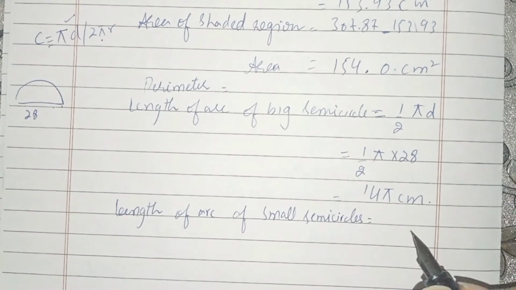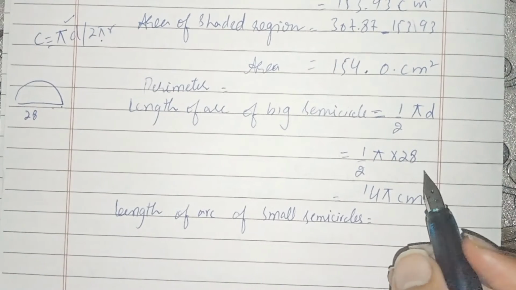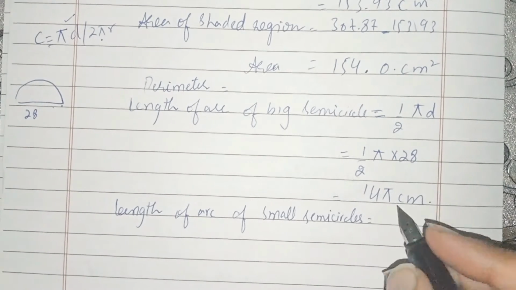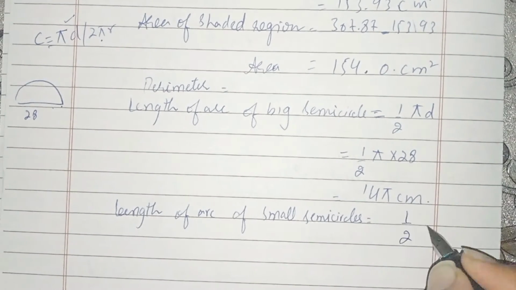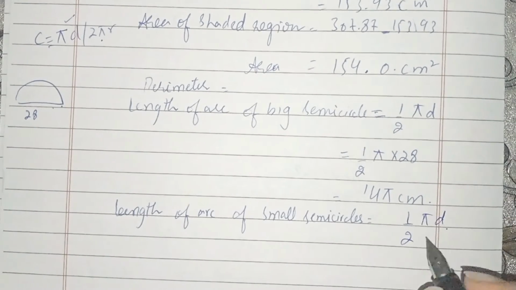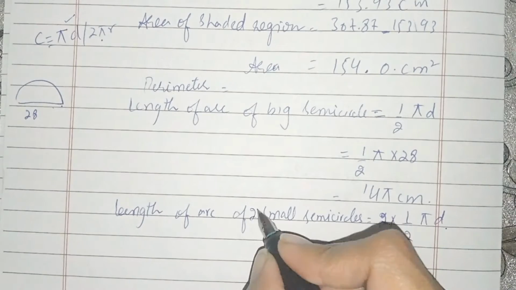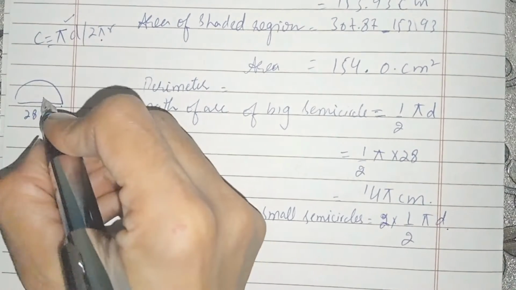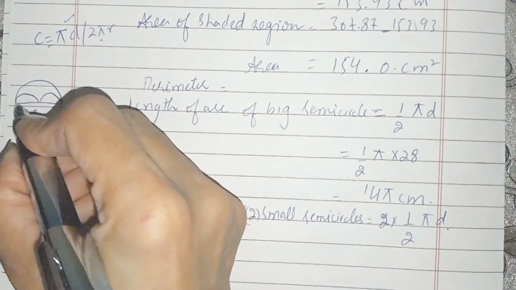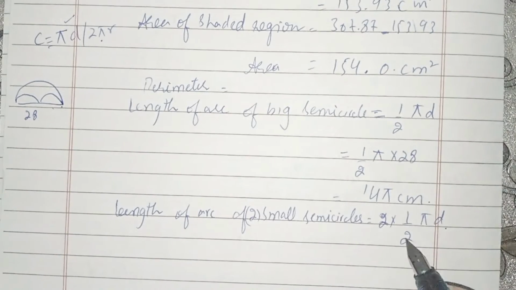I have to find the length of arc of small semicircle, which is pi d, and I multiply it by 2 because there are two semicircles in the figure.